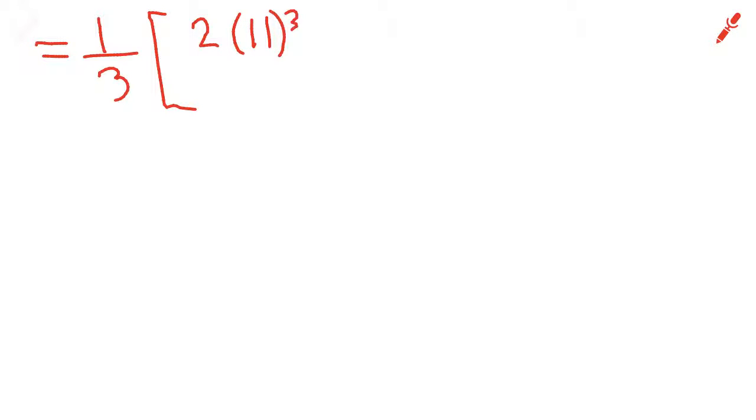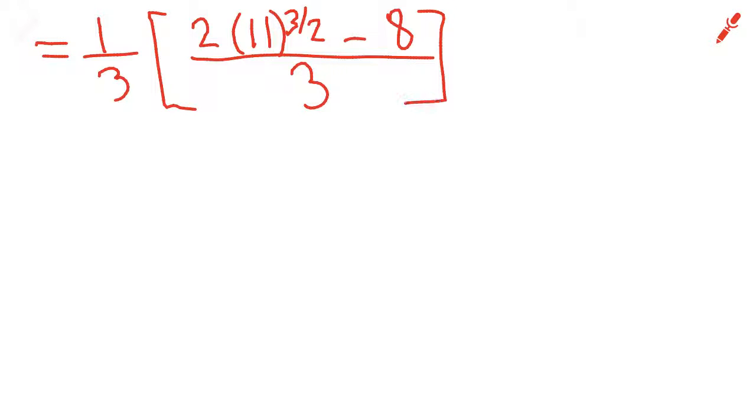So now 1/3 times 2 times 11 to the 3 over 2, and then you can already multiply the 8 times 2 instead of factoring it out, of that over 3, and then your final result.